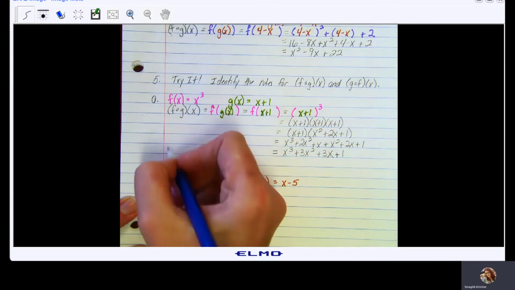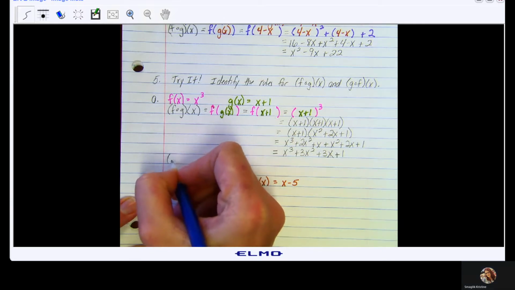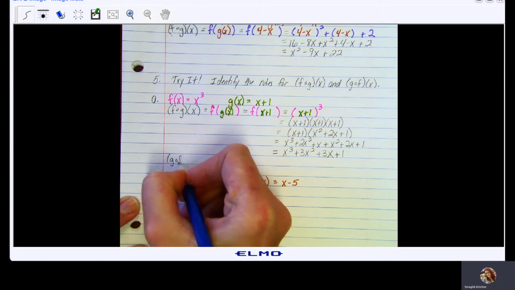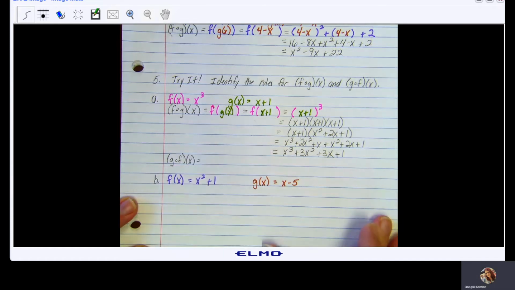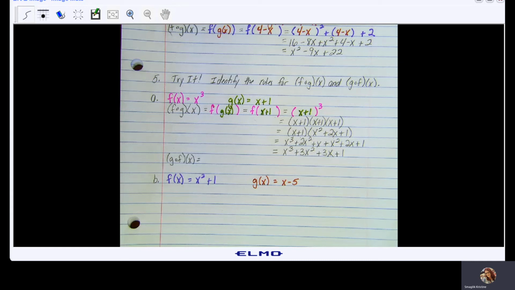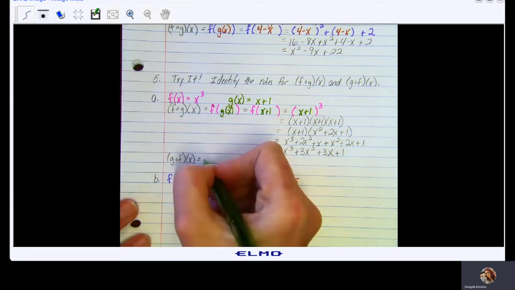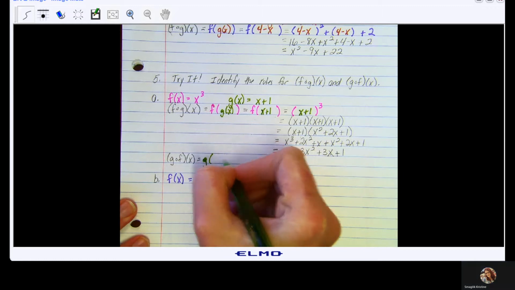Now let's take a look at g of f of x. So now we're going to grab our function g first. Let's write it out, g.